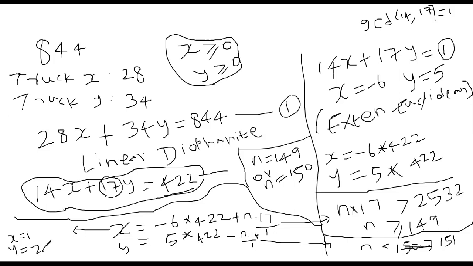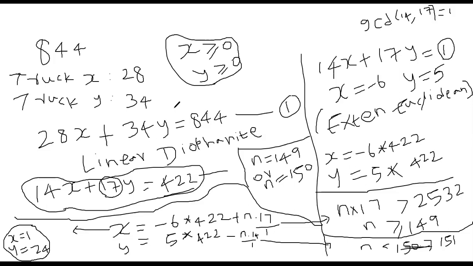Okay, this is when n is 149. This is one solution. When n is 150, you get another solution, which I'm not going to write. You can just plug in 150 here for both x and y, and then you will be able to solve it to find the other solution.